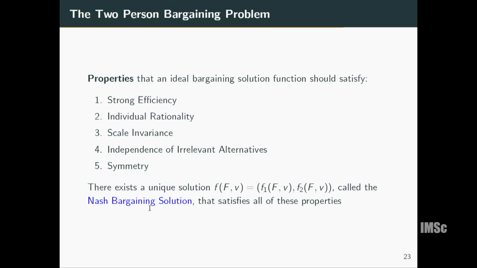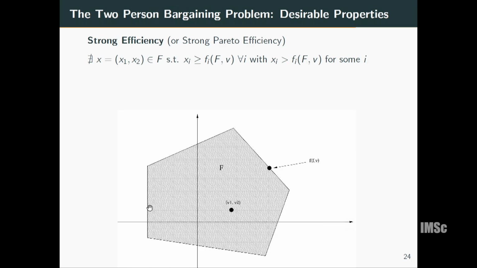The first property is called strong efficiency. Strong efficiency is similar to Pareto optimality. Have you heard about Pareto optimality in mechanism design? Okay, good. So, what is a Pareto optimal solution? A Pareto optimal solution is a solution such that there does not exist any solution which gives lesser utility to all the players.